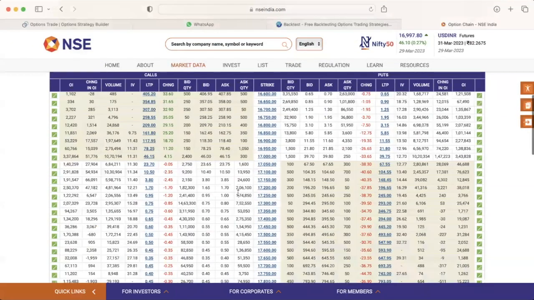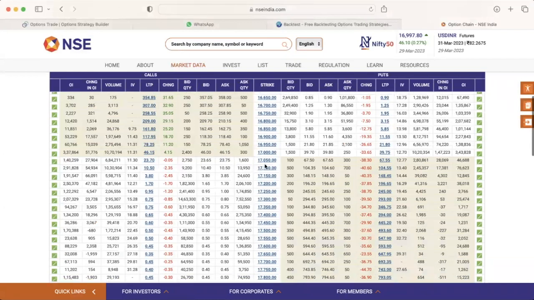So basically what we are doing is we are selling, in this case we may be selling 16,950 call option and 17,001. So if Nifty moves down by 50 points, this will become 46, and this will become 104.